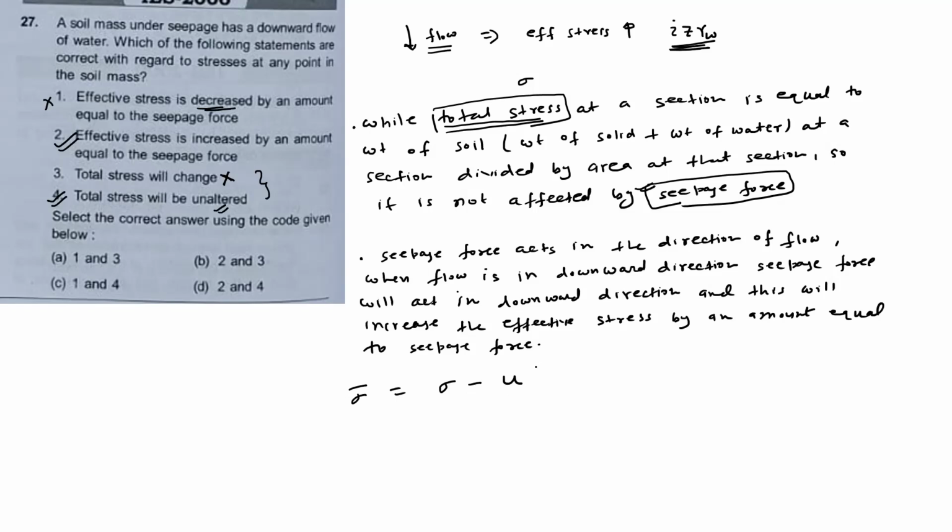If there is static flow condition, then at two points the U will be sigma minus U. So this sigma will be unaffected, but sigma prime will decrease.